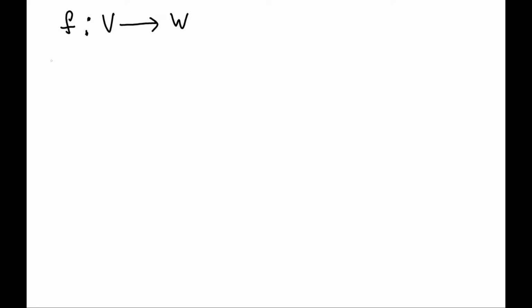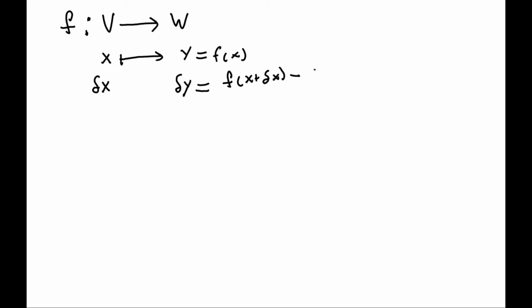And so if we have an input, let's call the input x, and it has got a variation of delta x, and x, say, goes to y, and let's define delta y to be exactly what you might expect. So this is f of x plus delta x minus f of x.